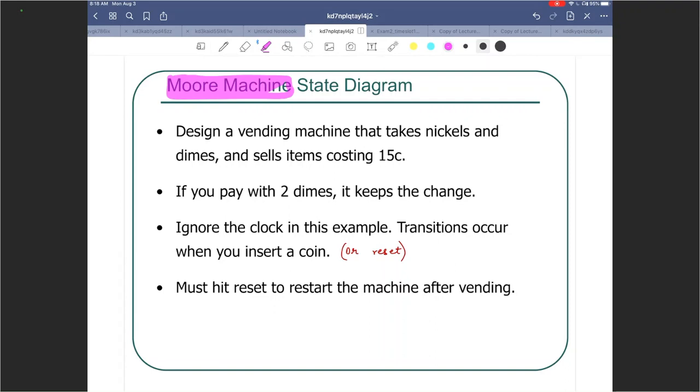Then we went on to looking at this state diagram, which is essentially the first step. So if you start with, let's see, is this stuck? Looks like this is stuck.